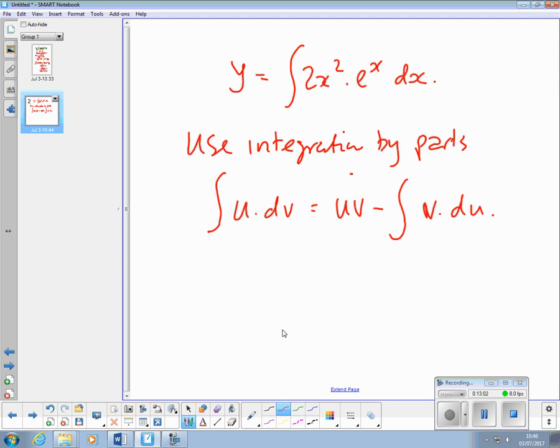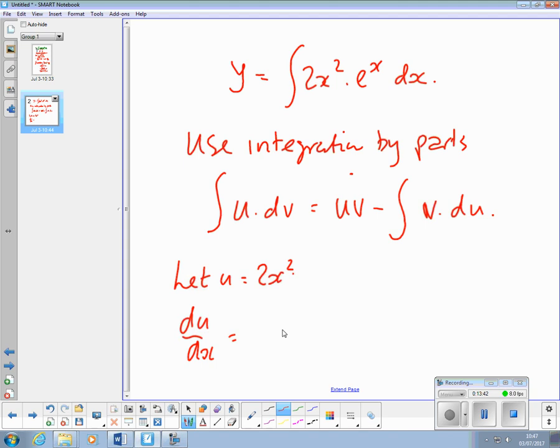Alright? What we have to do here, the method here, is to, first of all, we let u equal 2x squared. And then we integrate. There are some cases where you need to let the other side equal u, the ln function, for instance.